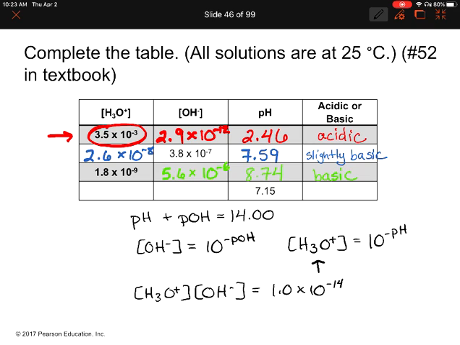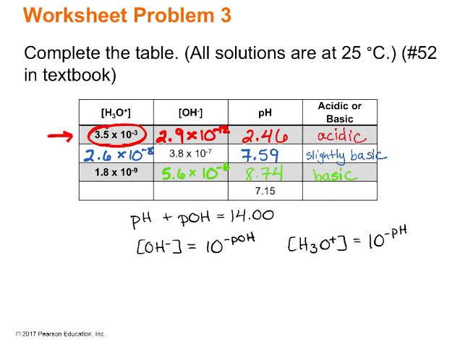So whichever method you choose to use is fine. I'm going to use the first method I mentioned, so I'm going to figure out the pOH, and then we're going to solve from there. Okay, so we're told that the pH is 7.15.